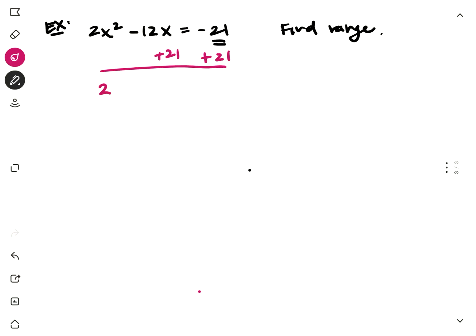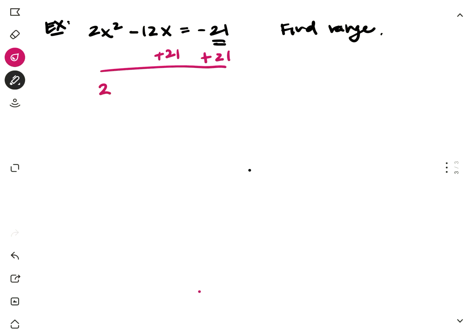So we have 2x squared minus 12x plus 21 equals 0. At this point, you can even label your a, b, and c because we know we're going to be using that. So our a, again, is the number that comes in front of your x squared. Your b is your x term. And then your c is the constant.